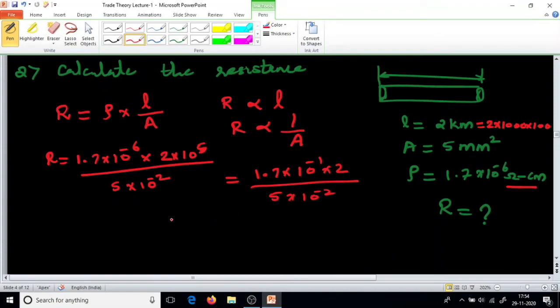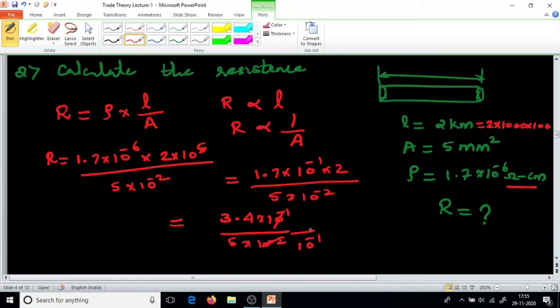Now if you multiply, what do we get? 1.7 multiplied by 2 is 3.4, into 10 to the power minus 1, over 5 into 10 to the power minus 2. The minus 2 and minus 1 cancel here, and you will get 10 to the power minus 1.